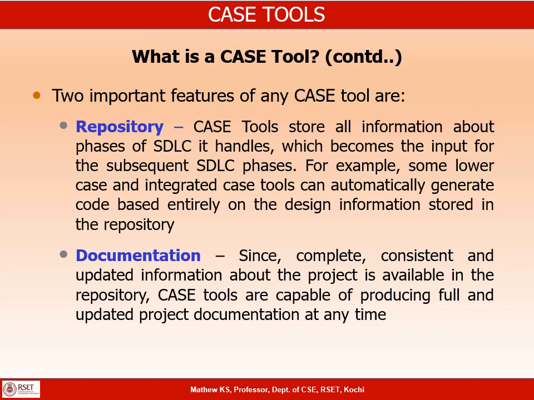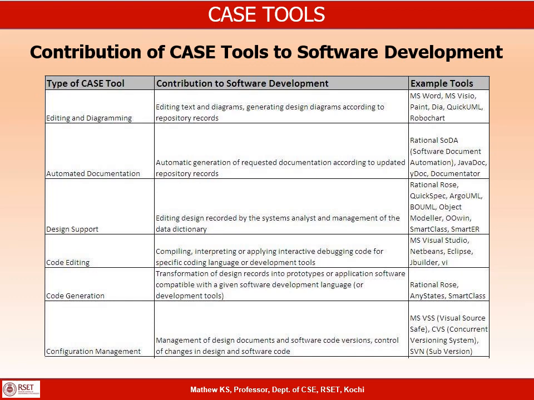So it has a repository as well as a feature to generate documentation. These are the different types of CASE tools available in the software industry for automating various activities of software development projects in different phases.